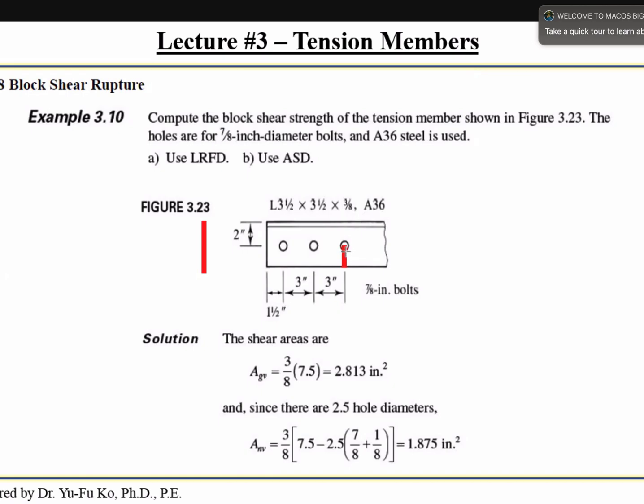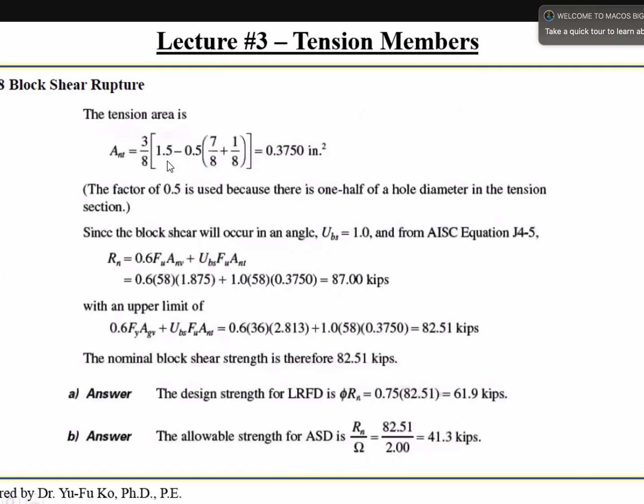But you need to subtract half of the bolt diameter to get the net tension. So it's 1.5 minus half the effective hole diameter, times 3/8, the thickness of the angle. You got 0.375 inch squared.